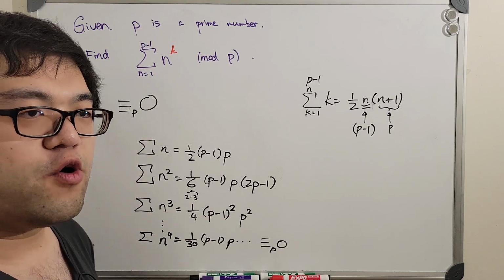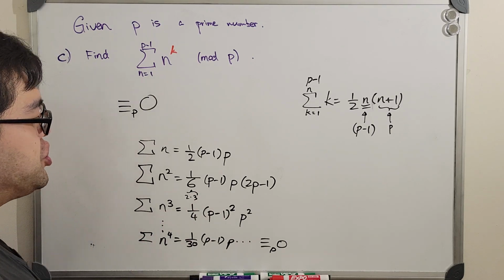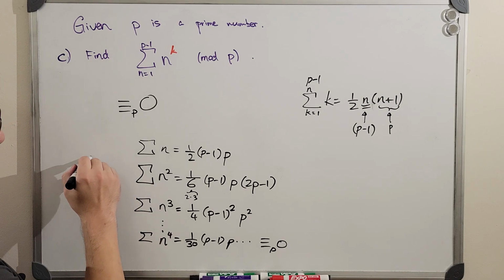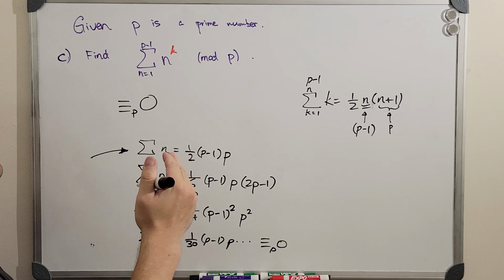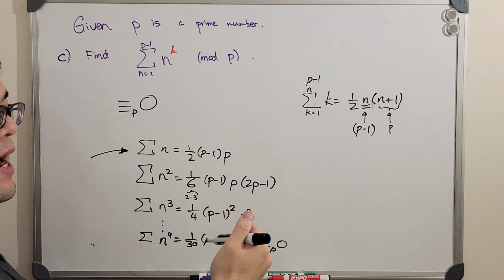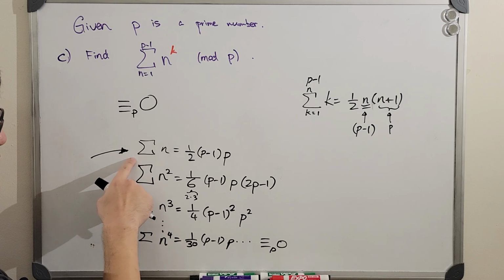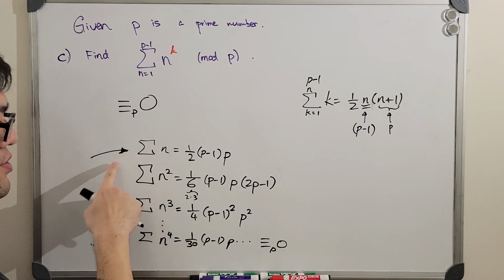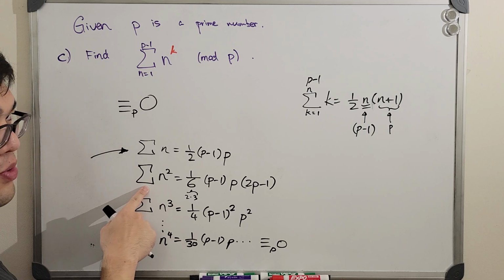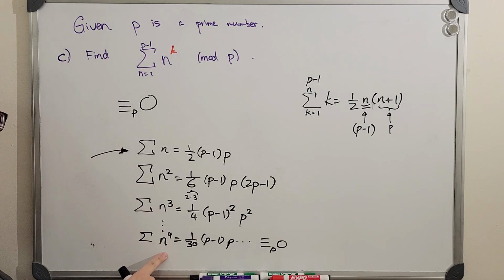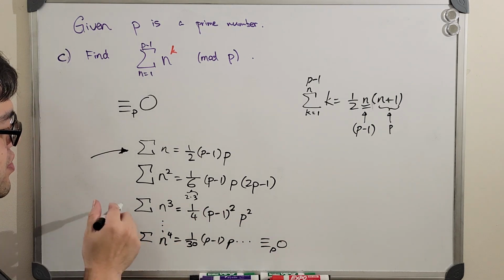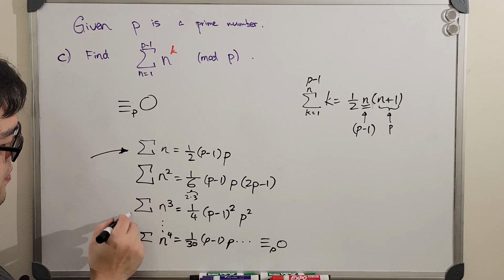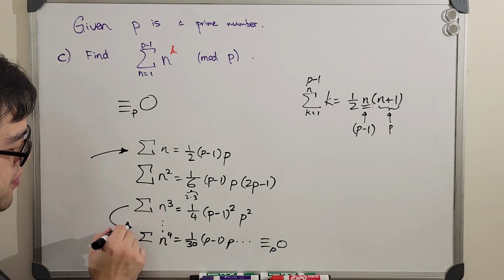How do we know? I actually had a video back then that shows the method of generating the summation from the first n terms of the power numbers, such as the first n natural numbers, the first n perfect squares, and so on and so forth, including the 4th power. And then I also show the method of how we can generate the summation from the previous power.